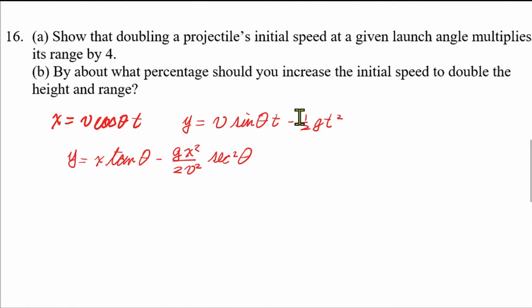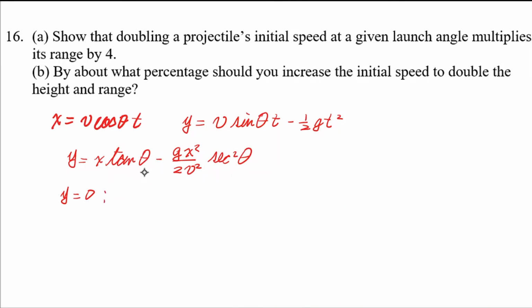Okay. Now, here, you have to double the range. Let's do the range first, okay? So if you want to double the range, that means your y is equal to 0, right? So far so good. Range meaning when this thing lands on flat ground.